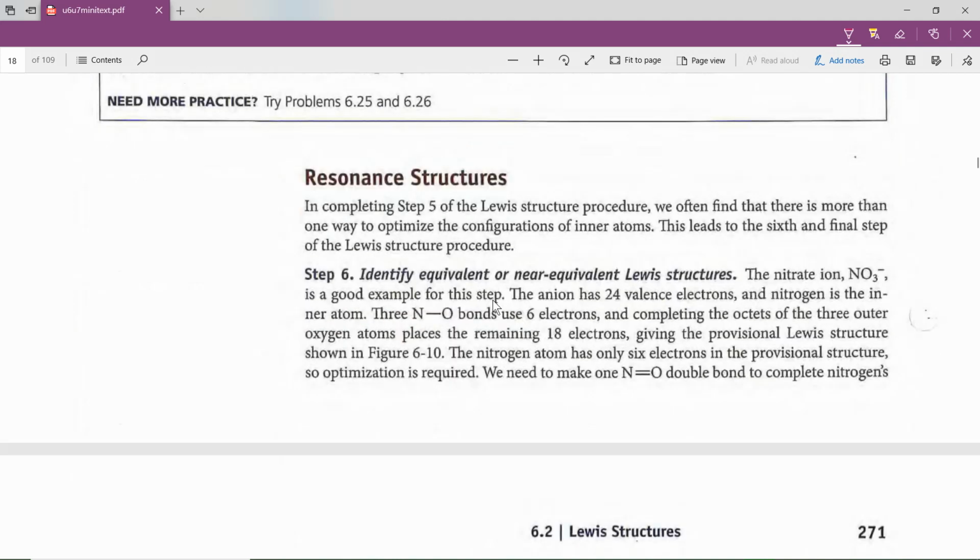Now, the final topic in Lewis diagrams, and this is something you probably haven't seen before, has this unfortunate name, which actually comes from physics: resonance structures. Don't worry about the history.